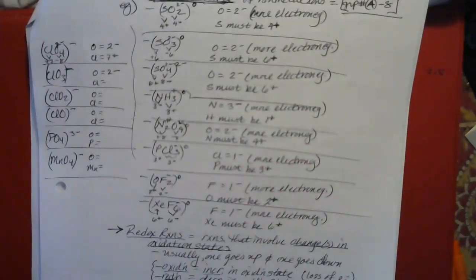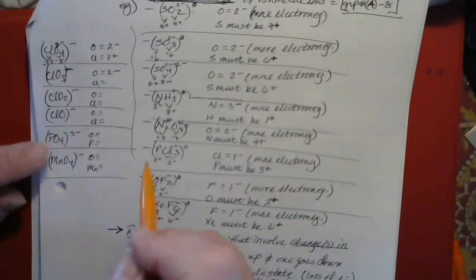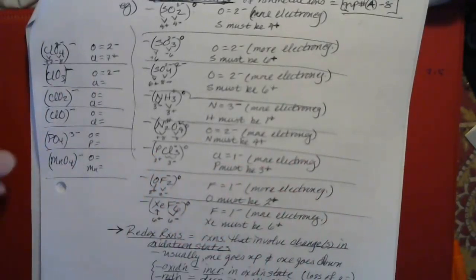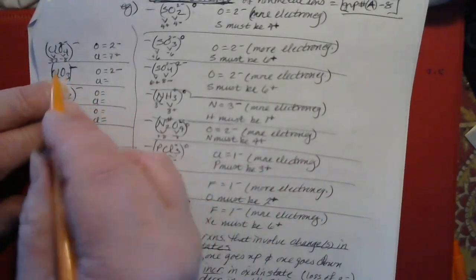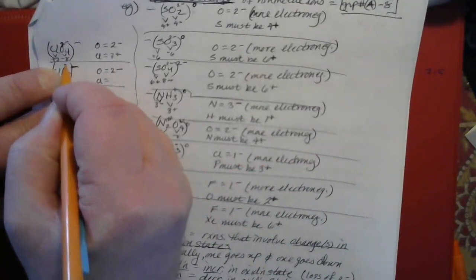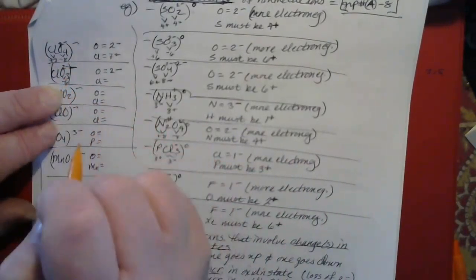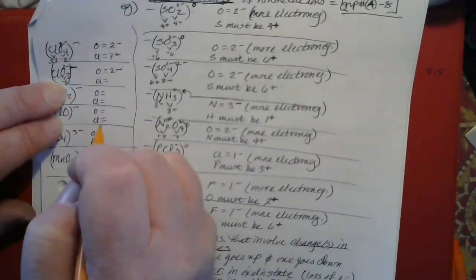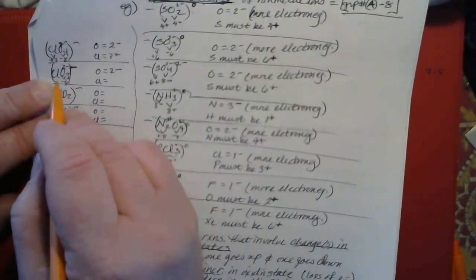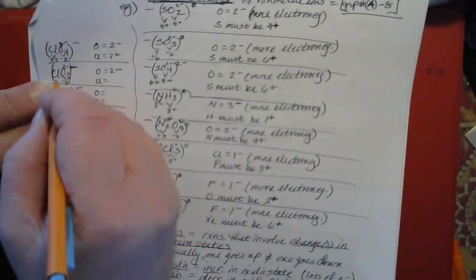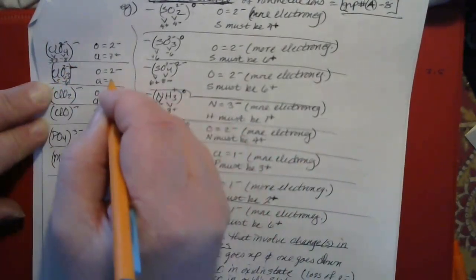Because again, oxygen will always be -2 with any other element except fluorine, like this example right here. So let's see, if each oxygen is -2, and there are 3 of them, that would be -6 for the 3 oxygens, and chlorine has to bring that up to -1. So chlorine must be +5.